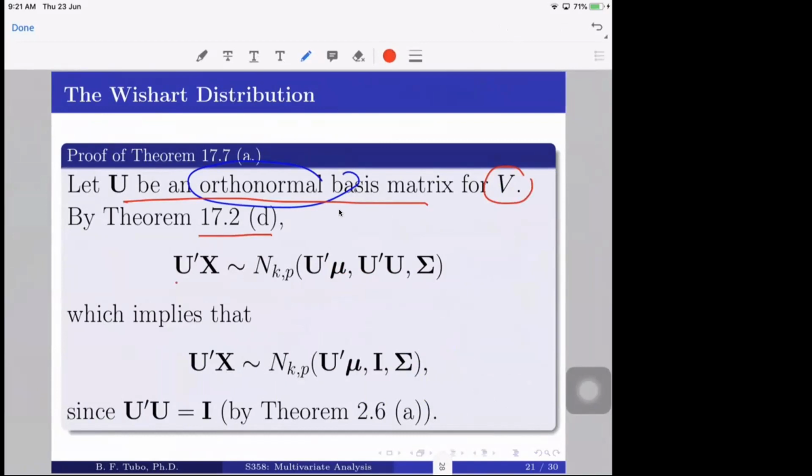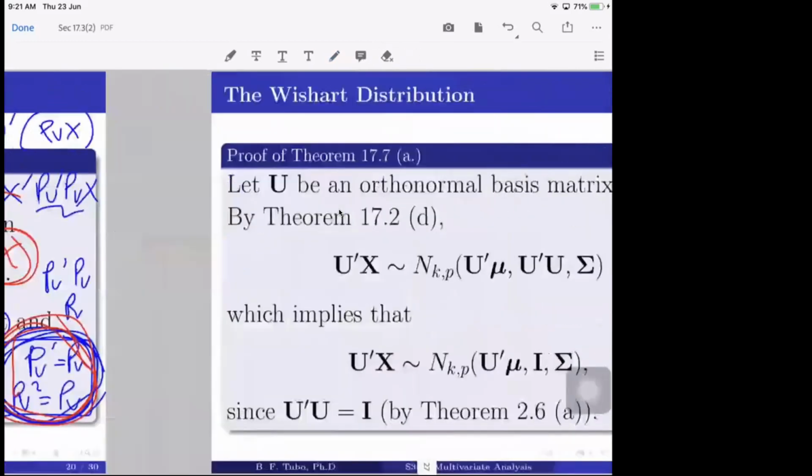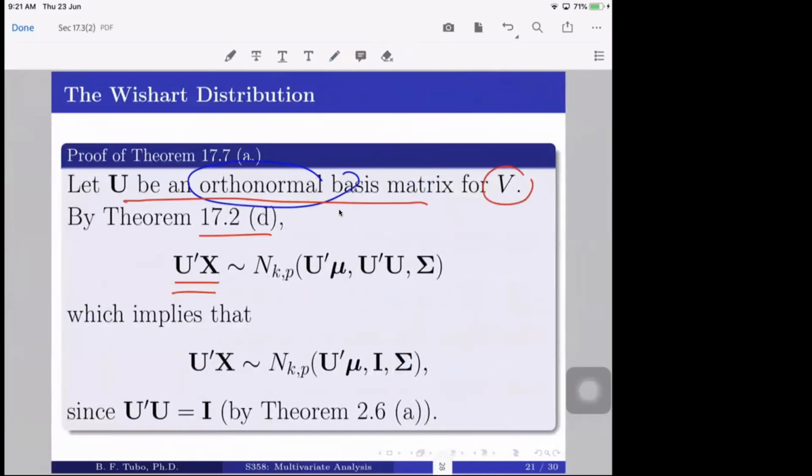we now use a transformation U prime X. So that is the form of our earlier candidate, PB X. U prime X. Okay, let's look at the distribution of U prime X if it is an orthonormal basis. So the transformation is CXD plus E, no?